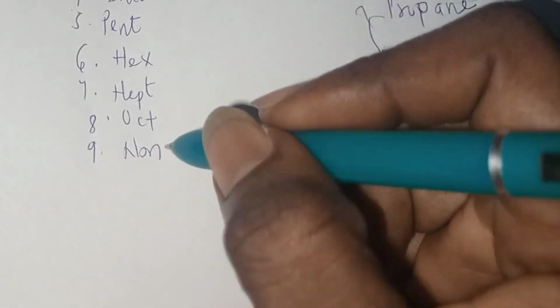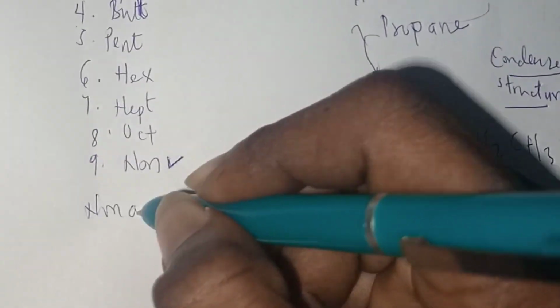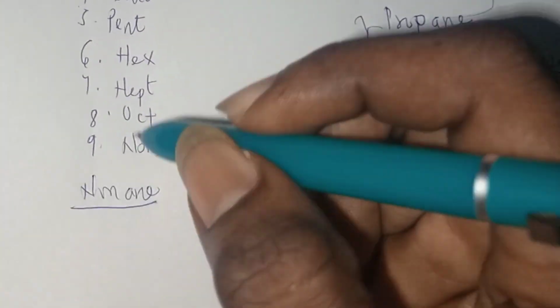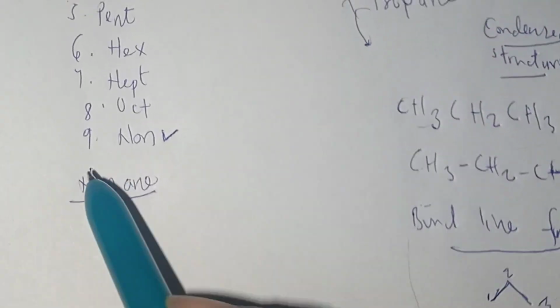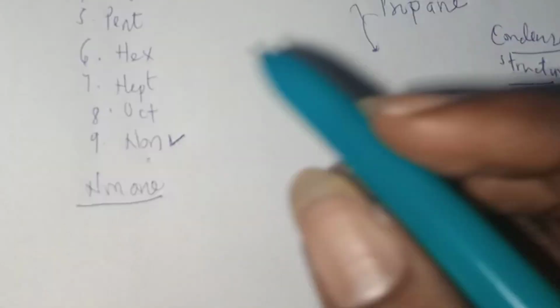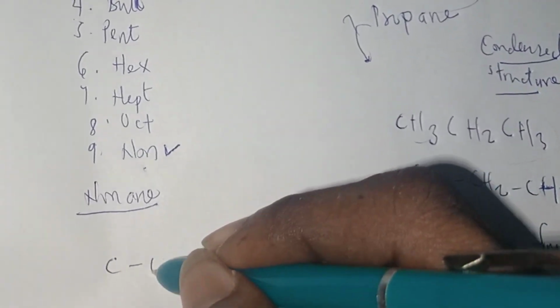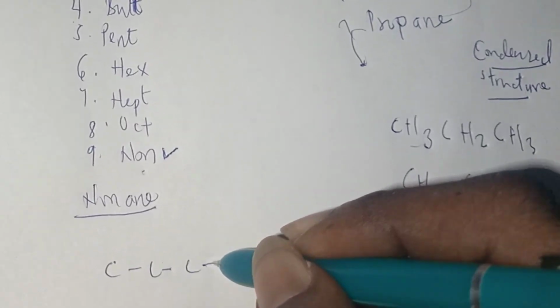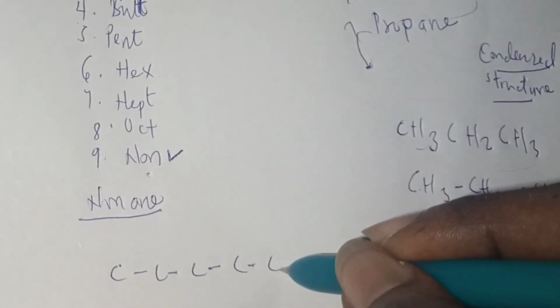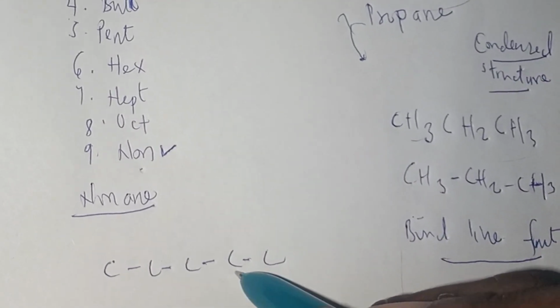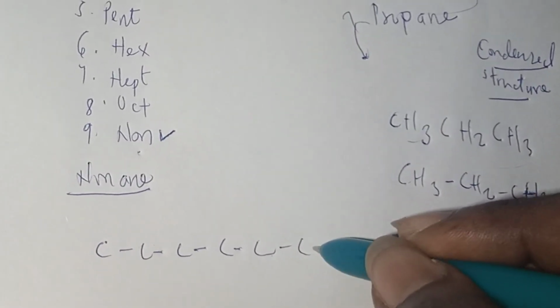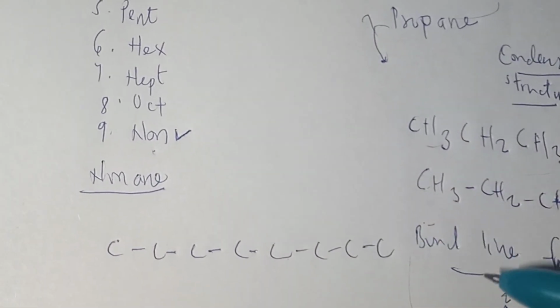Let's say we want to draw nonane, an alkane with how many carbons? Nonane is 9. So simply we are just going to draw the longest continuous carbon chain, 9 actually. So 1 2 3 4 5 6 7 8 9, right?